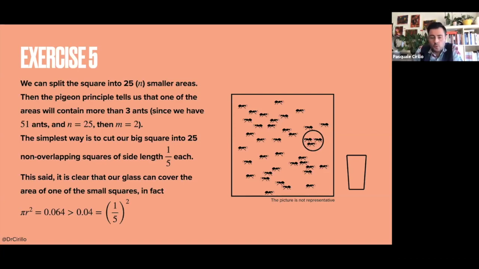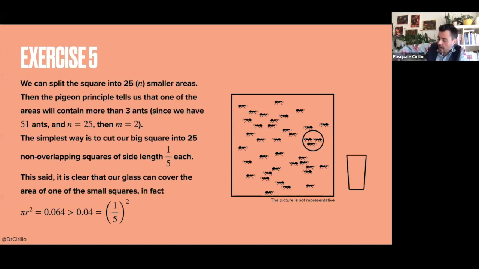The problem told me that the radius is 1/7, so I take pi times 1/7 squared. If you compute that, you get 0.064, which is larger than the area of the square, 0.04.